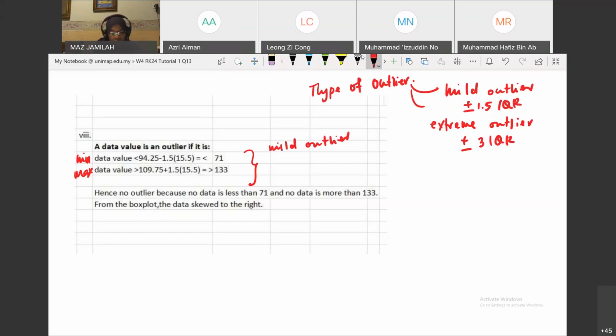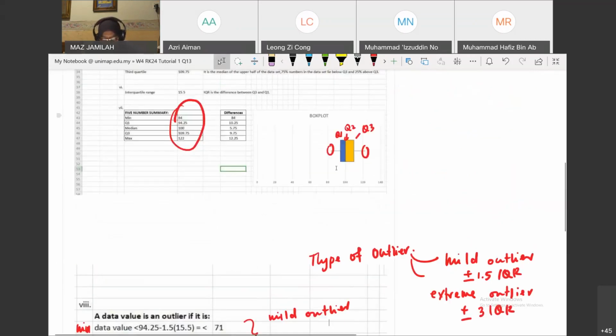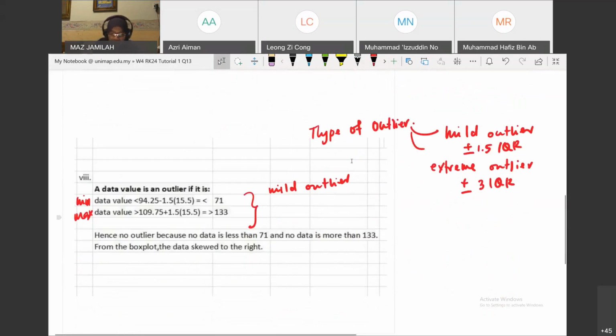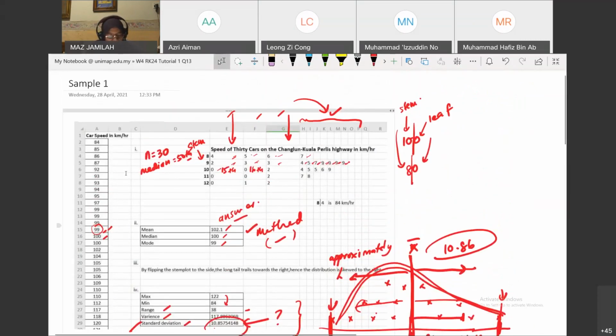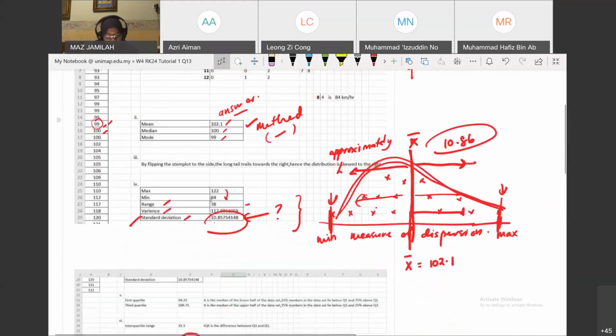The box plot is too small, but if you have any data, the fence will be like this: this is your lower fence and this is your upper fence, and your lower fence is 71 and upper fence is 133. So look at your data. Do you have a value lower than 71?